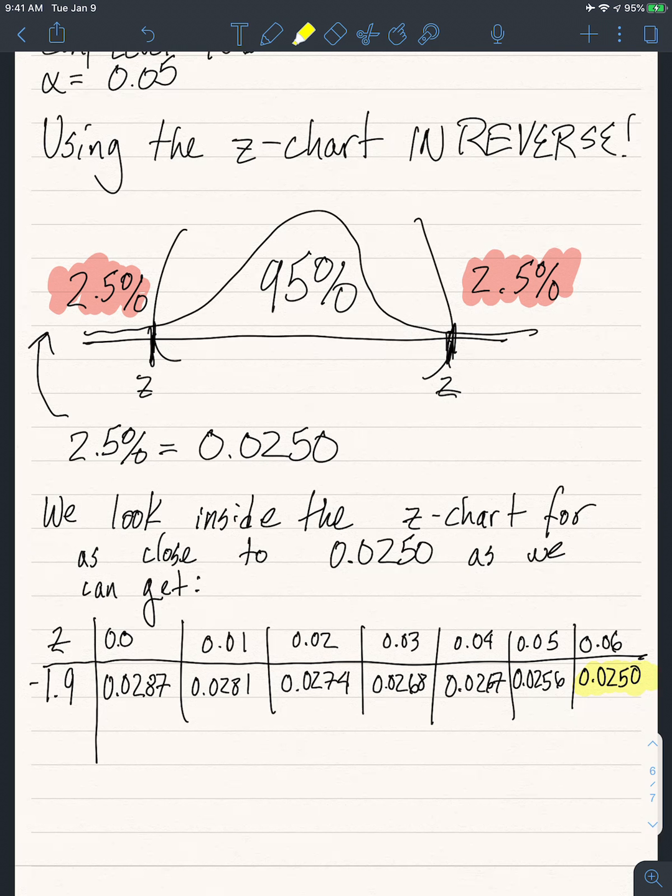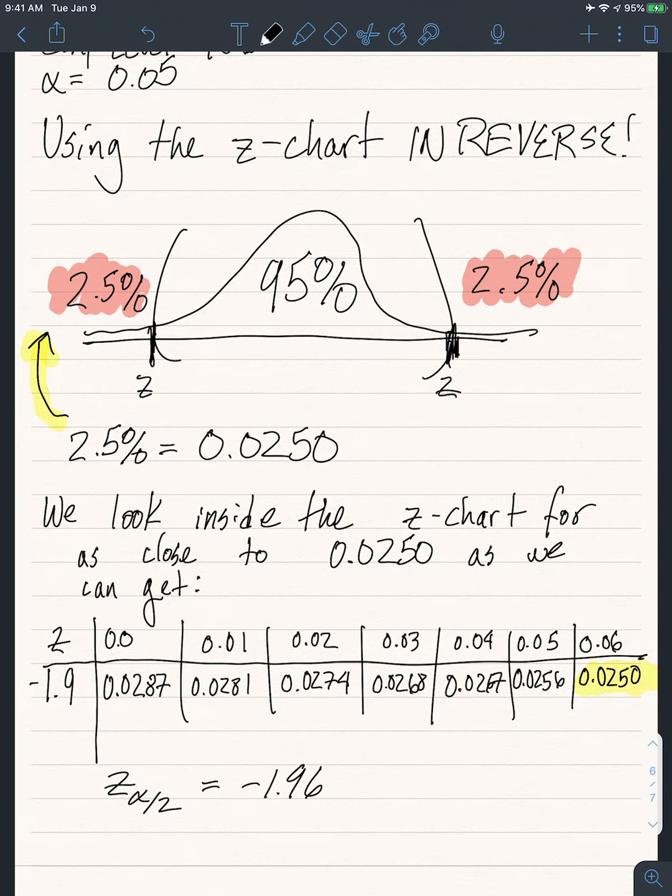We wanted to find the z-score that achieved 2.5% below it. And apparently, the z-score that achieves that is negative 1.96. You can check me out, but if you go on the positive side and look up positive 1.96, that'll leave 2.5% above it.